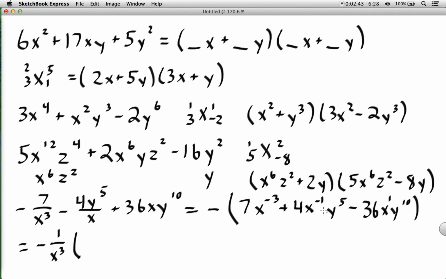So now increasing all of the x exponents by 3, we end up with 7 plus 4x squared y to the 5th minus 36x to the 4th y to the 10th. And now we can factor with the coefficients 7, 4, and negative 36. So factors of 7. And now we've got to find the right factors of 36.